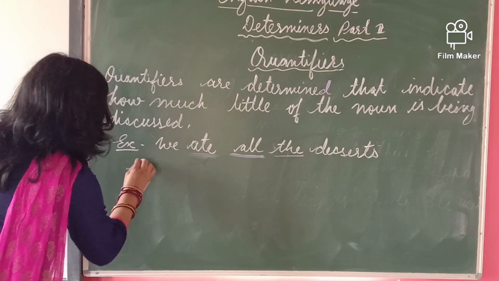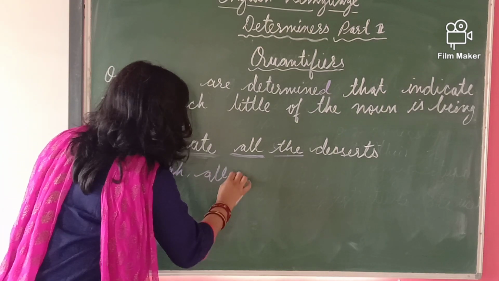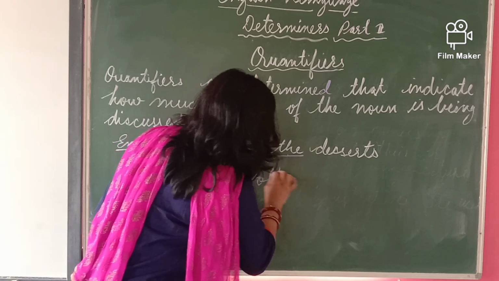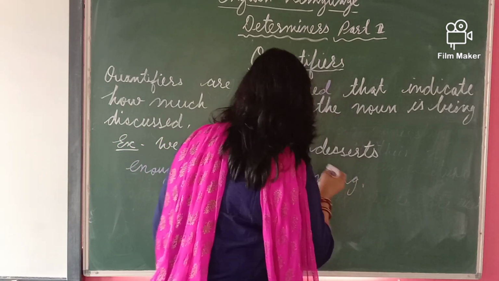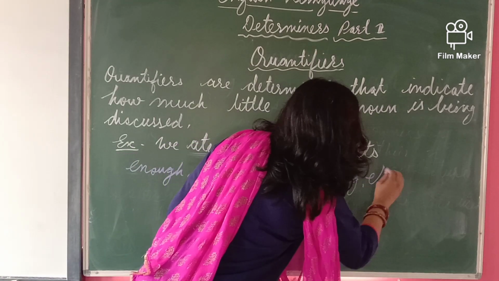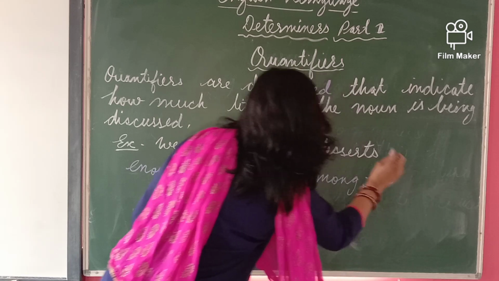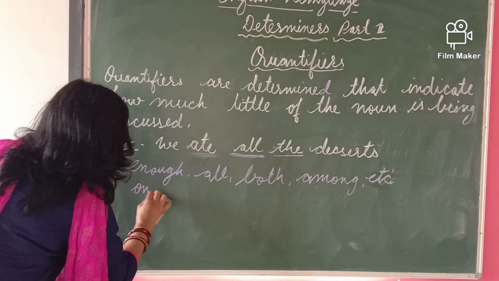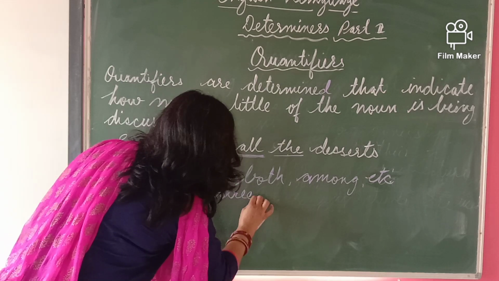What are the quantifiers? Enough, all, both, among, etc. One, two, three, meaning all the numbers.